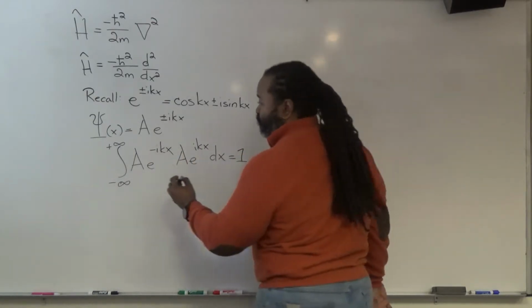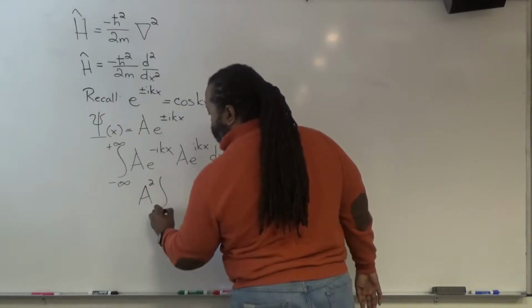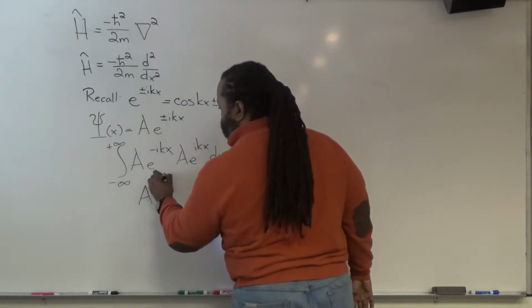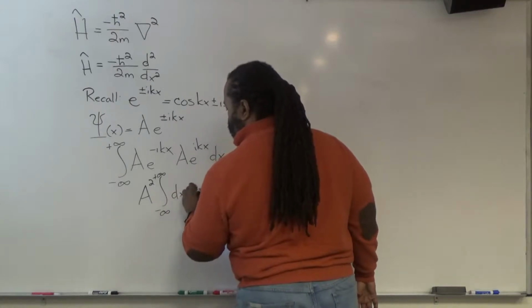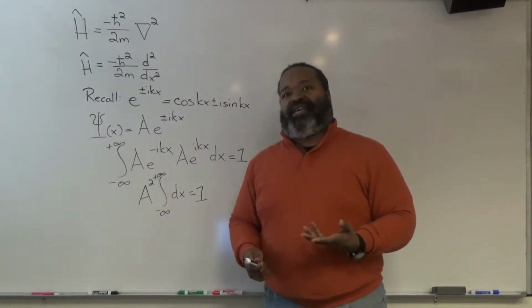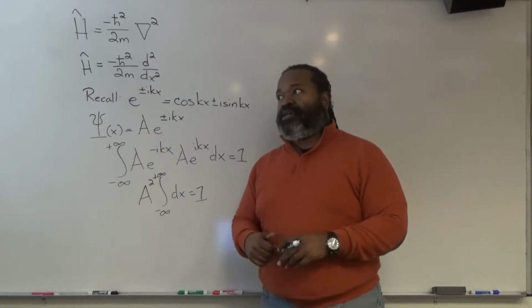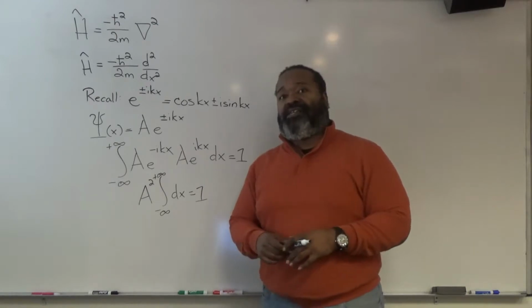So now we're faced with a squared integral dx equals 1. It should be readily obvious that once we integrate dx, we get x evaluated from negative infinity to plus infinity.